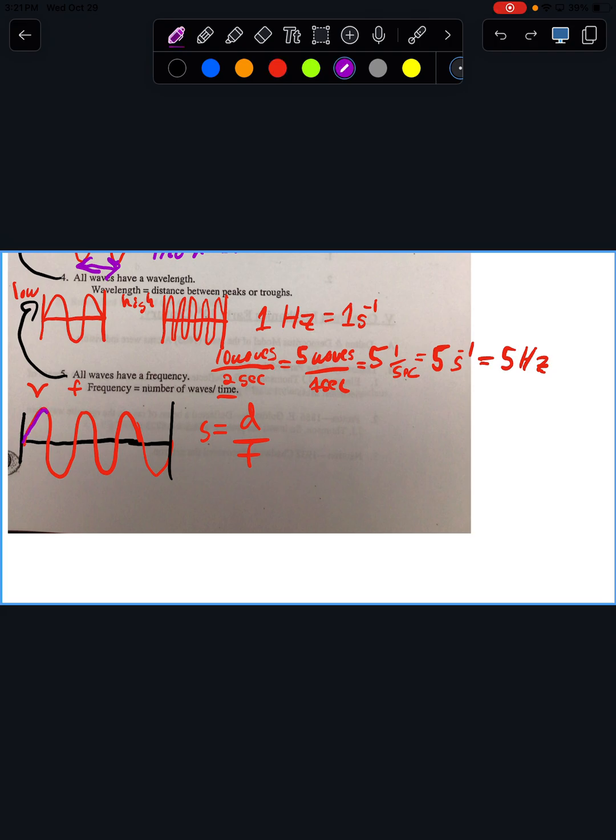So my wave is here. What distance did that wave just travel? It traveled from there to there. What is that distance?